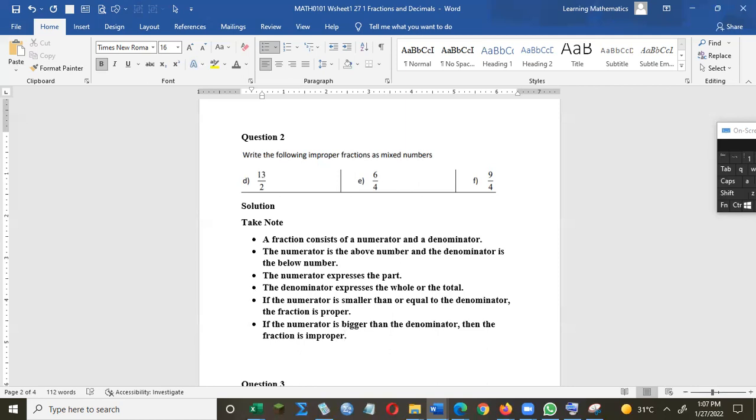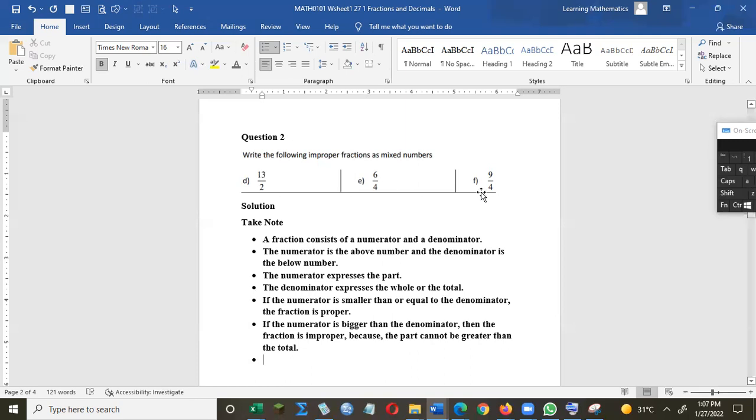Okay, because the part cannot be greater than the total. Okay, so that fraction will be improper.